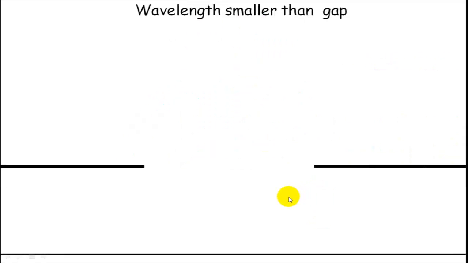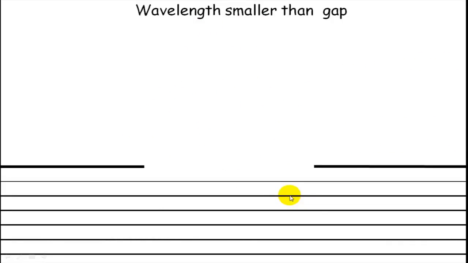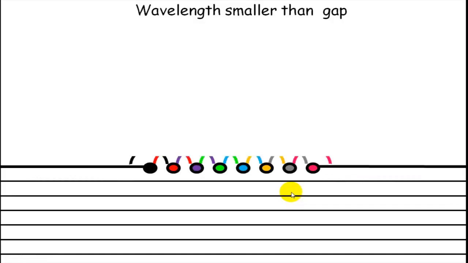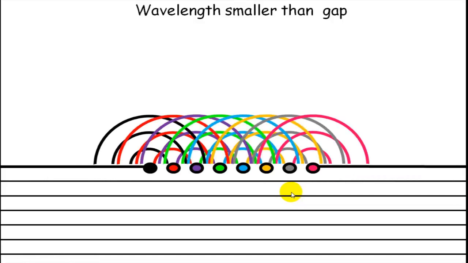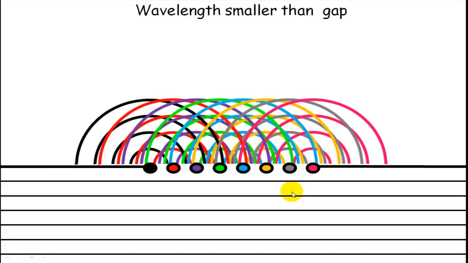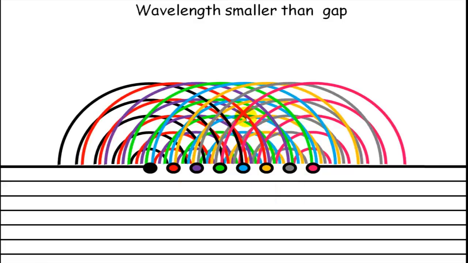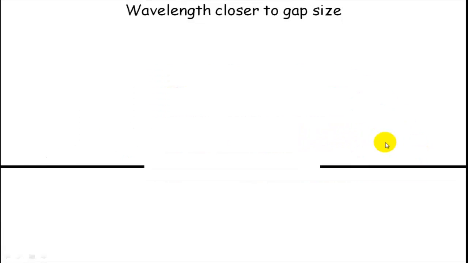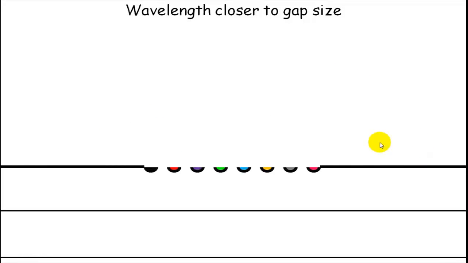Okay, so let's just look at this when you make the wavelength smaller than the gap size. Okay, and you get less diffraction. You get a lot of reinforcement here, and you start to see you're going to be getting cancelling out here as the lines aren't on top of each other. Okay, let's just make it a bit closer.